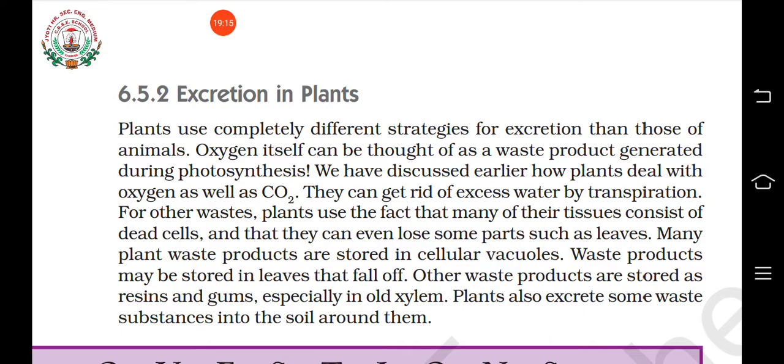And some of the waste materials they produce will be stored in leaves that are going to fall off. You can see that leaves change their color when the leaf is about to fall. They become yellowish because they accumulate all the waste materials in them. Then some plants store the waste materials in the form of resins, gums, etc. So these are useful products for us, gums, resins.